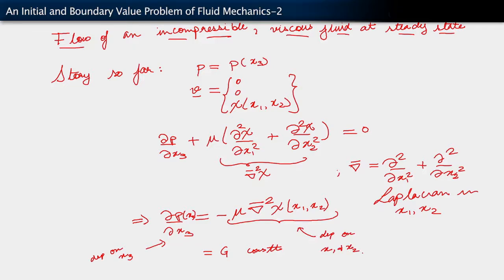So the only way that can work out is if each of them is equal to a constant. That really makes our life very easy, because separately that implies that partial of p with respect to x3 equals g, which implies that for p we have the form p equals g times x3 plus, let's say, g0, some other constant, and this is p as a function of x3.